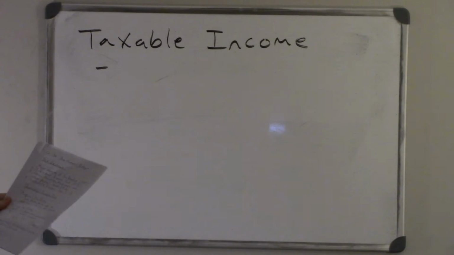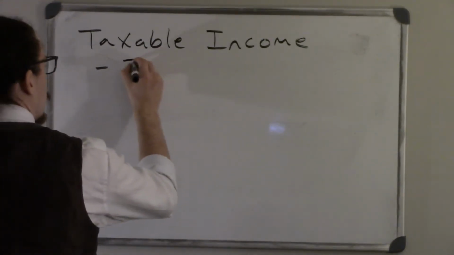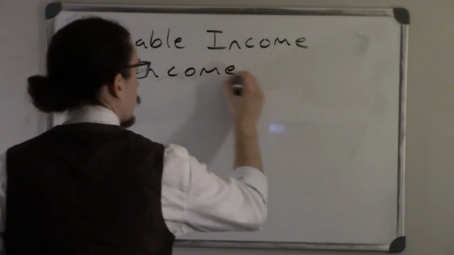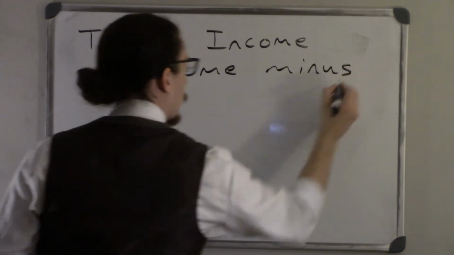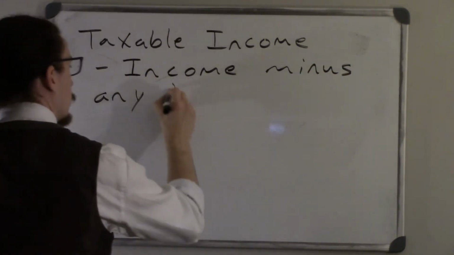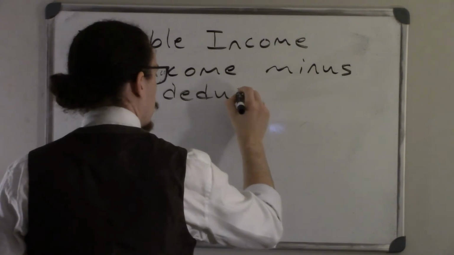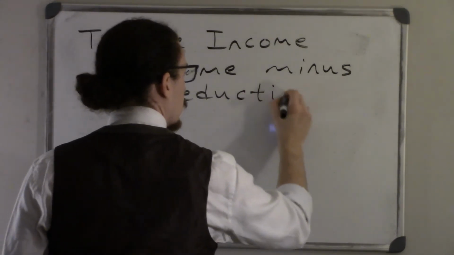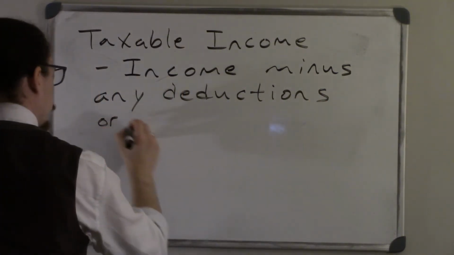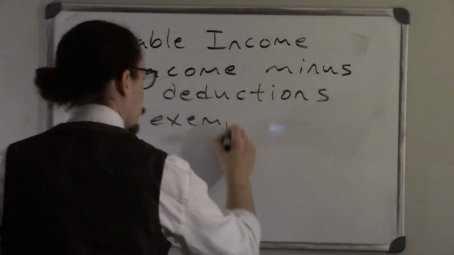And that is your taxable income. All right, your taxable income is your income minus any deductions or exemptions.